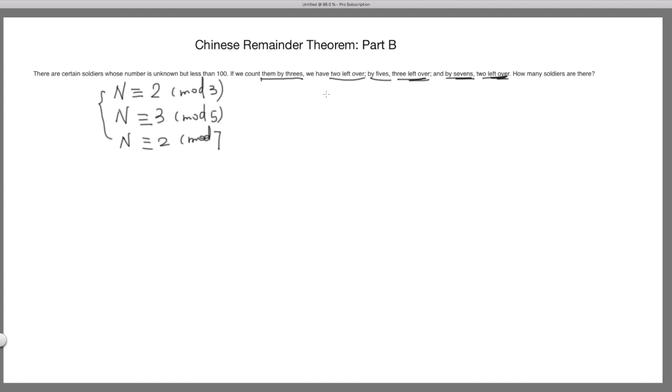And in part A, we solve a simpler problem. We say, what is the general method to solve such n that n is congruent to 2 modulo 3 and n is congruent to 3 modulo 5. So it's a simpler case because we only need to satisfy 2 congruence equations rather than 3 here.